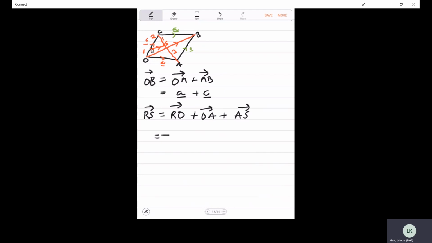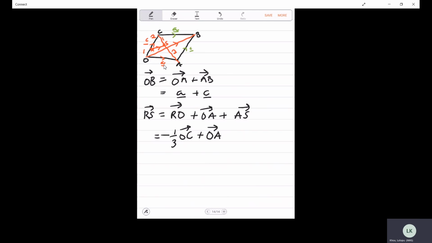And from R to S, that's 1/3, because R divides the line OC into 3 parts, 1 part from O to R and then 2 parts from R to C. So that's 1/3 of OC. And then from O to A, that's just this A over here. So I'm going to leave it there like that for now.